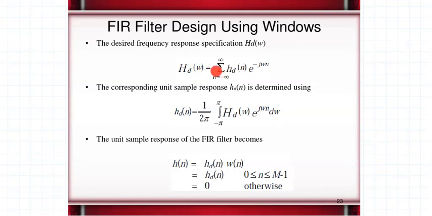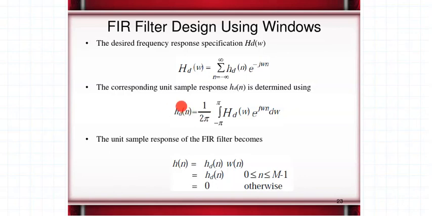Once we get the frequency response, we transform it into the time domain by applying the inverse Fourier transform. By applying the inverse Fourier transform, we obtain the time domain response hD(n). So this is the equation of the inverse Fourier transform. This is the impulse response of the filter.